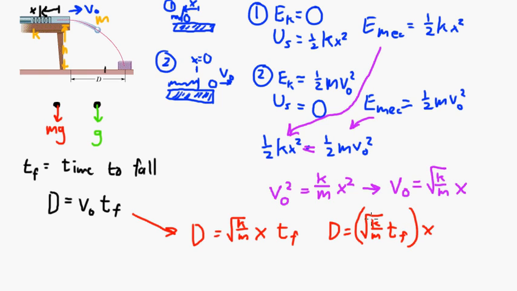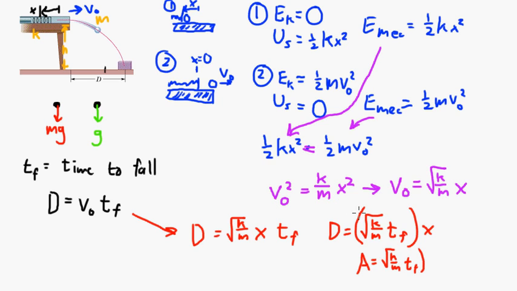This stuff, we don't know any of these numbers. But what we do know is that they don't change. These don't change from one attempt to the next. So I'm going to give this a name. I'm going to call this capital A. I'm going to say capital A equals square root of k over m times TF.